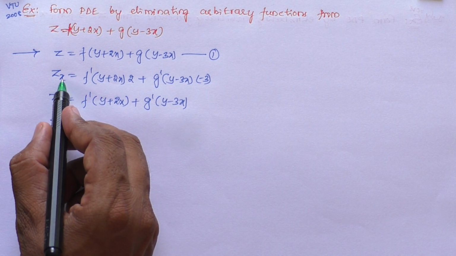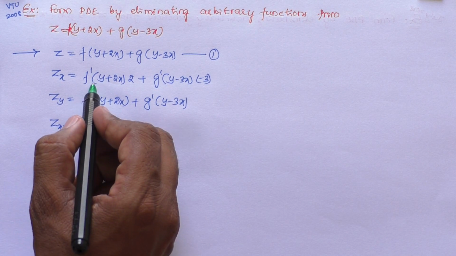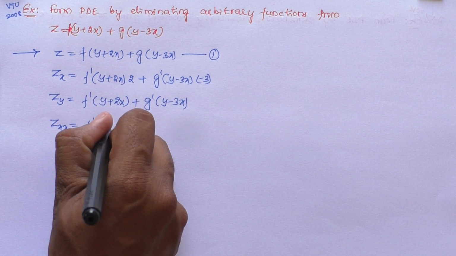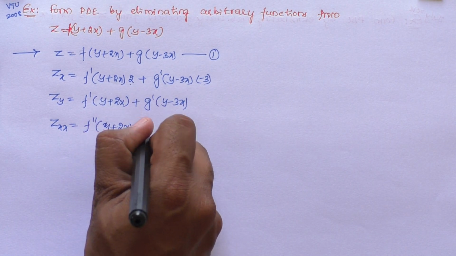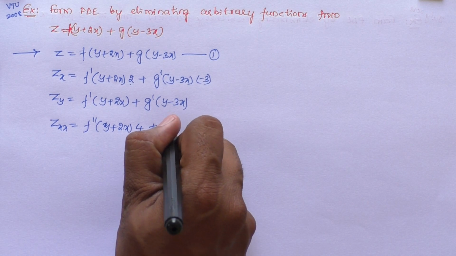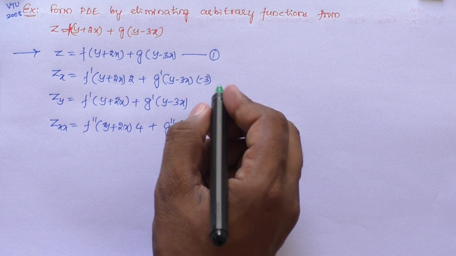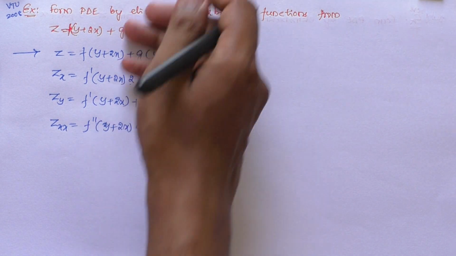Zxx: differentiate zx with respect to x again partially. F dash differentiates to f double dash (y plus 2x) into another 2, already 2 is there, so 4, plus g dash differentiates to g double dash (y minus 3x) into another minus 3, so minus 3 into minus 3 means 9.